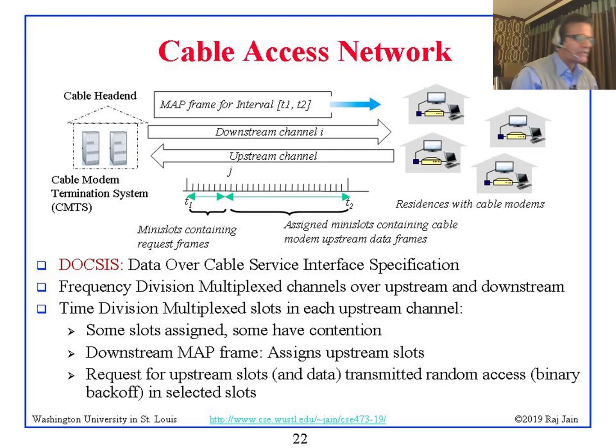Sometime you will succeed and you will get the 10 slots assigned to you, and then you can use those to transmit information as well as to ask for more slots. So suppose you got 10 slots, you can use 9 slots for the information, and then you can ask for 10 more slots in the last one. Alright, so that's the communication that goes on between the CMTS and the home system.